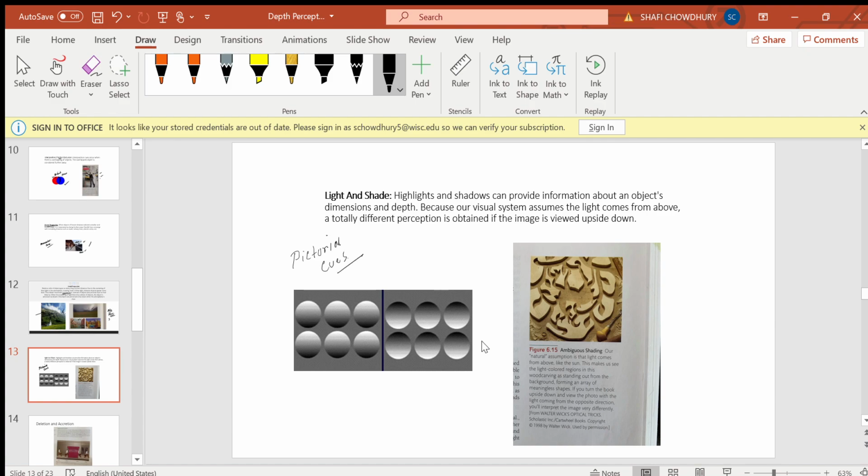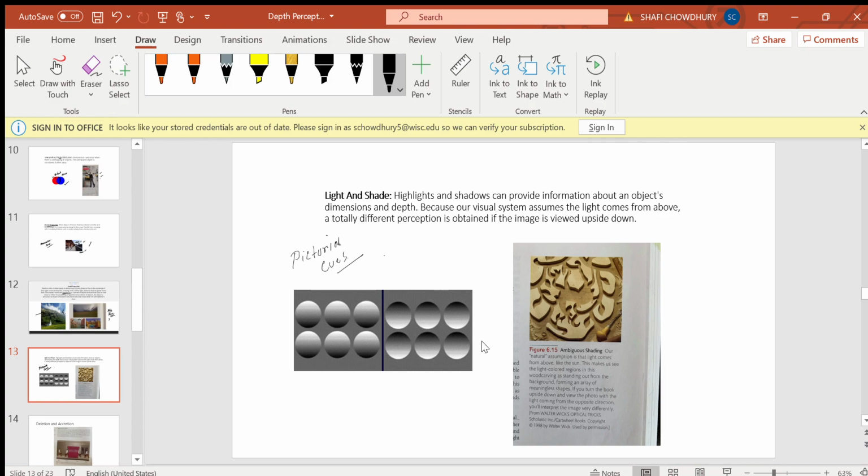So they are used in pictures or paintings a lot, and the painters use all these cues to give you the perception of different depths on a 2D surface or 2D picture.